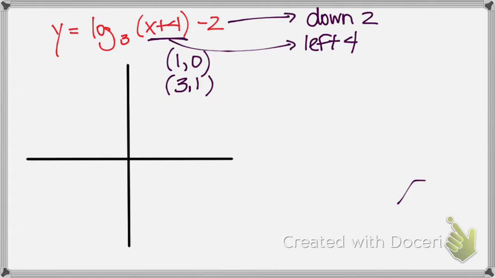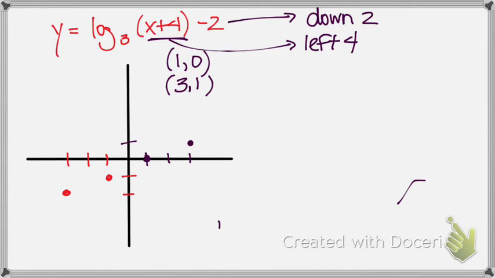I would take my point at 1, 0 and my point at 3, 1. And I would move both of those points left 4. So left 1, 2, 3, 4, down 2. That first point would land there. Second point, left 4, down 2 would land here. Which one of those is going to move the asymptote this time?